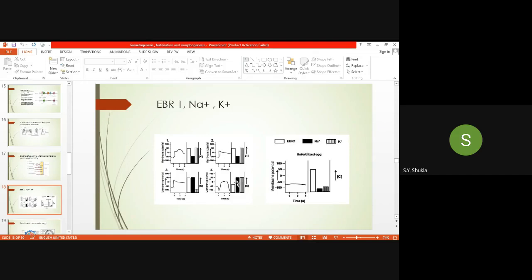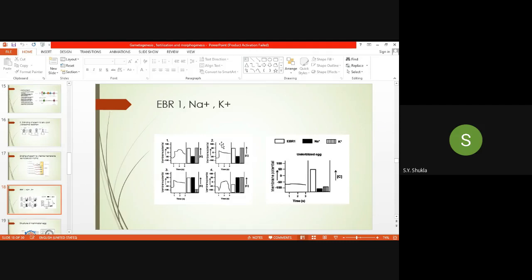This is the graph for the unfertilized egg, and the other is for the fertilized egg. From this graph, the expression of EBR1, the sodium ions, and the potassium ions by their concentration shows which egg is fertilized or not.